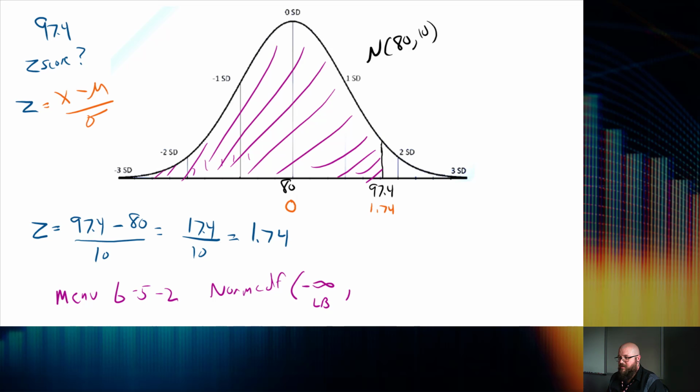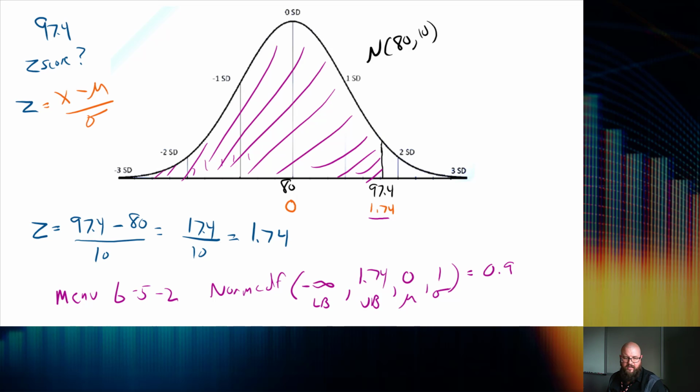Your upper bound is going to be this value that we found for our z-score, the 1.74. So 1.74 is your upper bound. Your mean is 0, and your standard deviation is 1. And we put that in there, we should come out to get a 0.9 something.